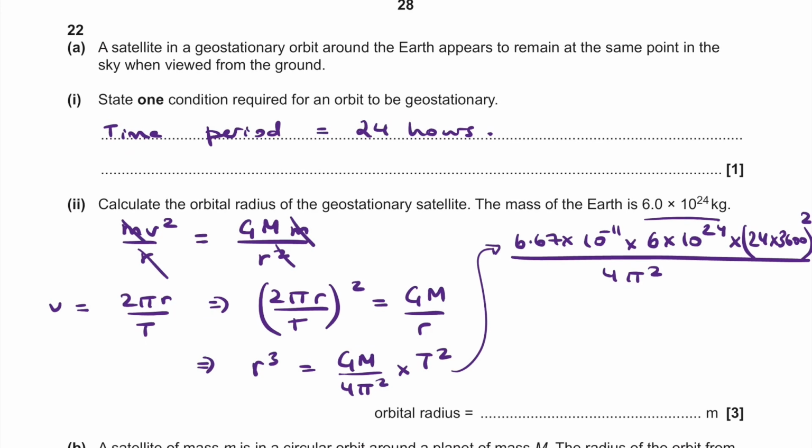Once we've got that, we cube root the answer. I'm just going to put that under a cube root, and that will give me 4.2 times 10 to the 7 meters.